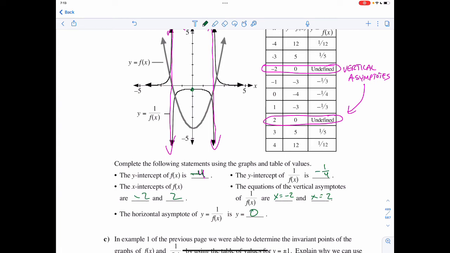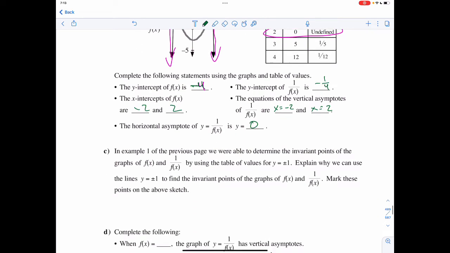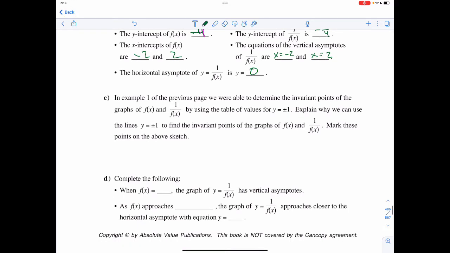Now, in example 1 of the previous page, we were able to determine the invariant points of the graphs by using the table of values for y is equal to 1 or -1. Why can we use the lines y is equal to 1 or -1 to find invariant points on the graphs? Well, same reason as before.